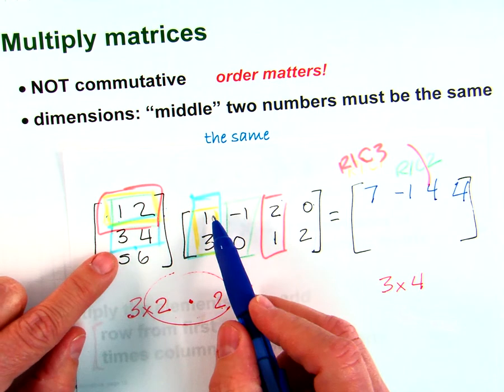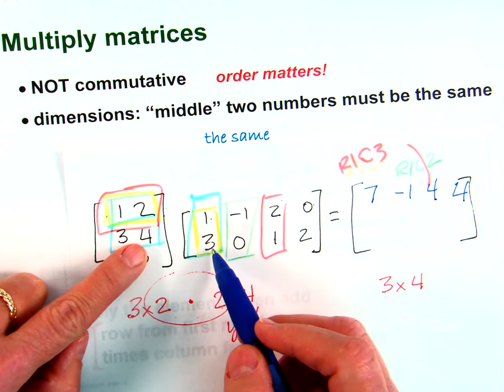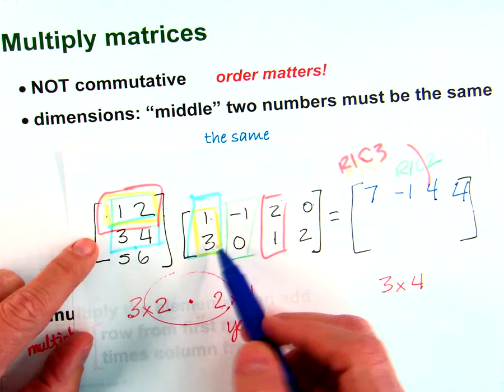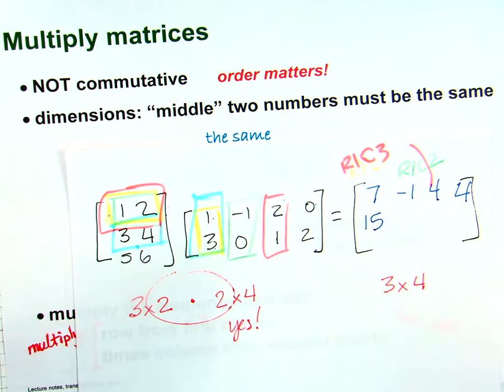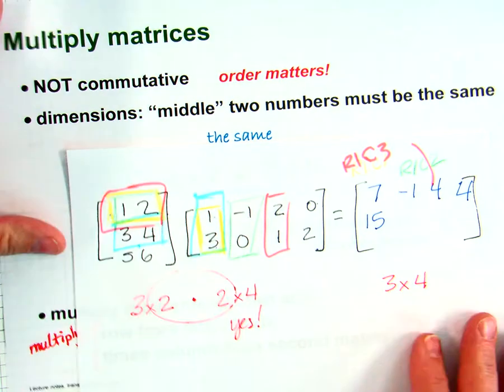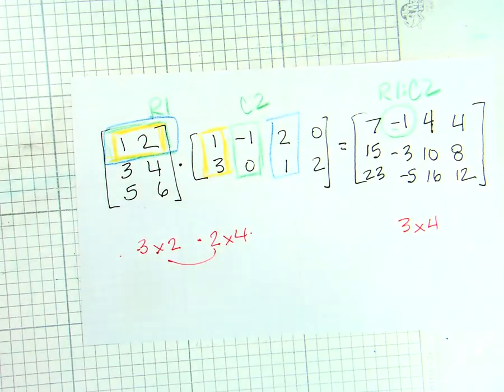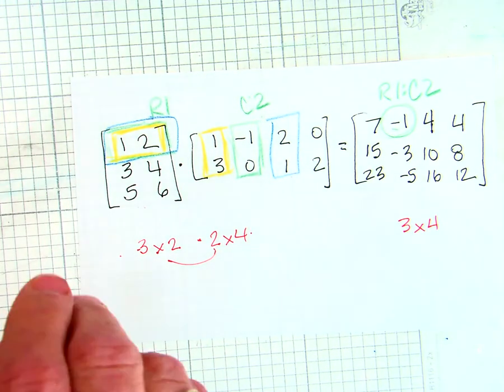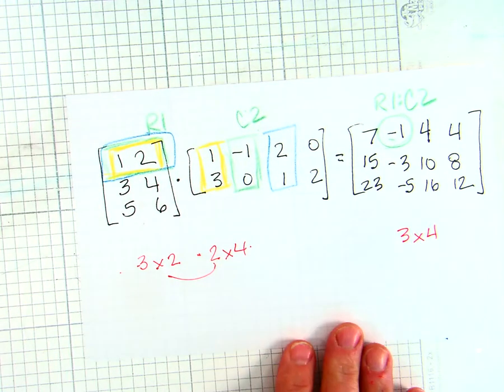That's 3 times 1 is 3, 4 times 3 is 12, 3 and 12 is 15. So go ahead and finish that out, and when you do, you should get this.